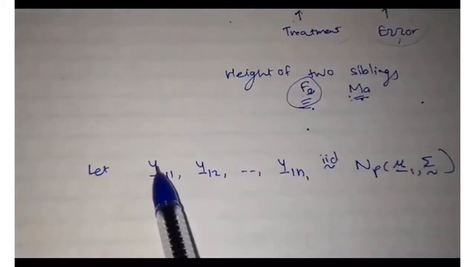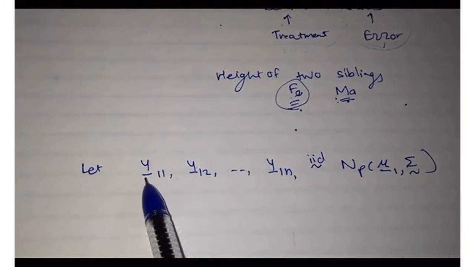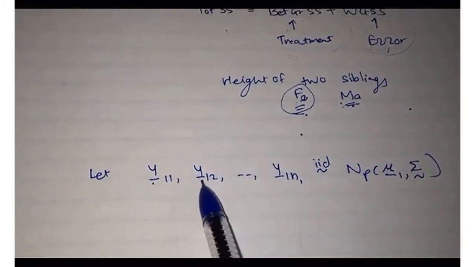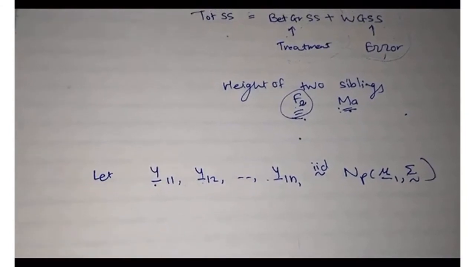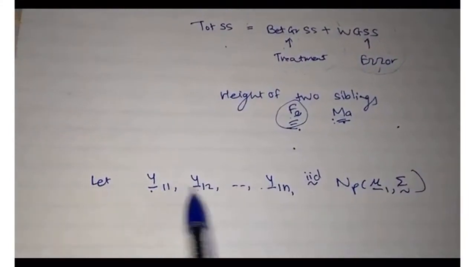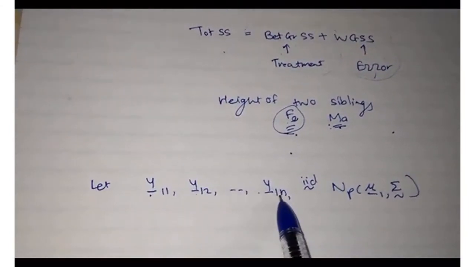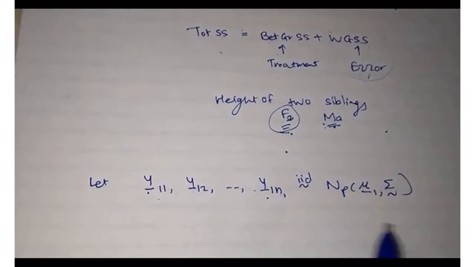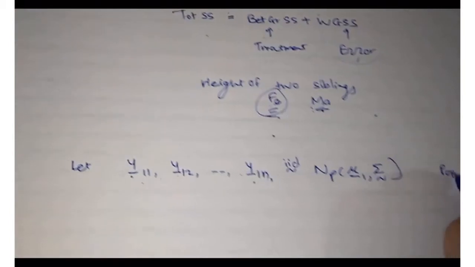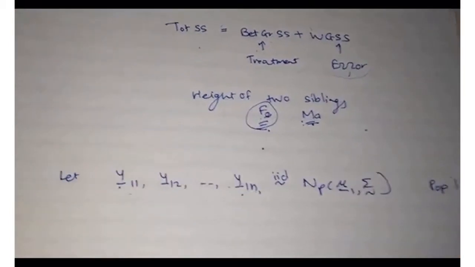Let me try to explain the notations first. Even though I am writing y11, I am still using vector notation, so each of these is a p cross 1 vector. So y11, y12, up to y1n1 denote n1 observations coming from first population. This is my population 1.